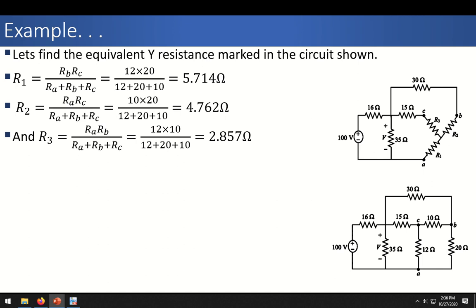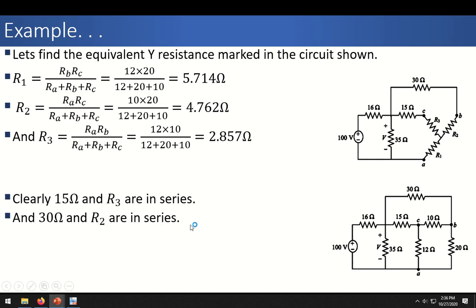So we can now replace that delta using this Y network. Now you can see that this R2 is in series with 30 ohm resistance. Similarly, this 15 ohm resistance is in series with R3. So we can simplify. So clearly 15 ohm and R3 are in series and 30 ohm and R2 are also in series.